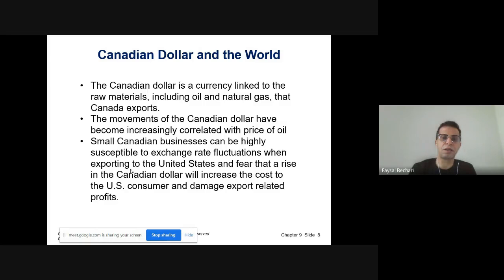On the other side, when the Canadian dollar is up, international products, including American products, will be more competitive price-wise in Canada. So Canadians will come and buy American goods because suddenly they become cheaper. So the whole goal is that Canada is always trying to keep its dollar cheaper than the American dollar, so they have the upper hand to export and be competitive in the USA, for example.